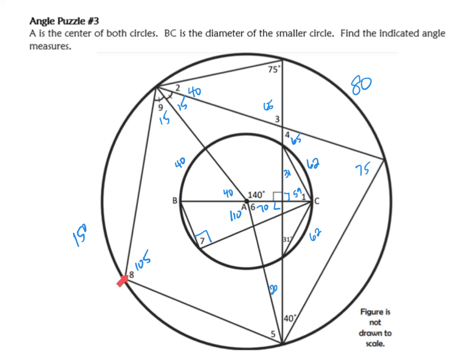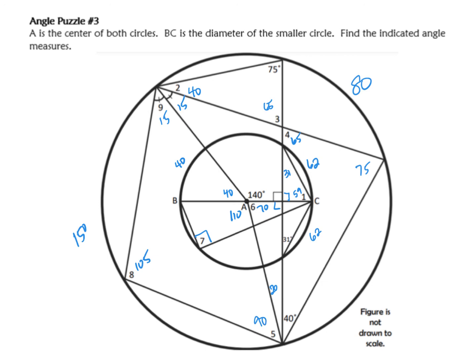So if I take 360, subtract 105, 15, and 150, I'm left with 90 degrees. So angle 5 is 90 degrees.